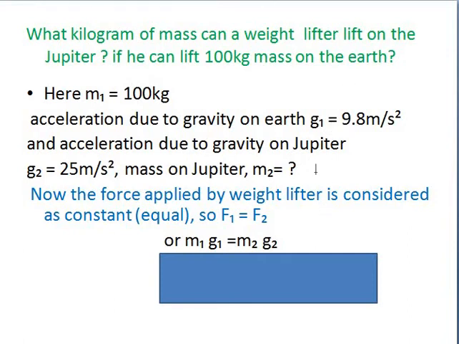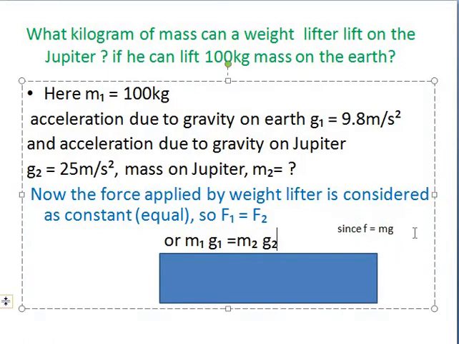So we have F1 equal to m1 g1 and F2 equal to m2 g2. Now substitute the values of m1, g1, g2. You can find the value of mass on Jupiter.